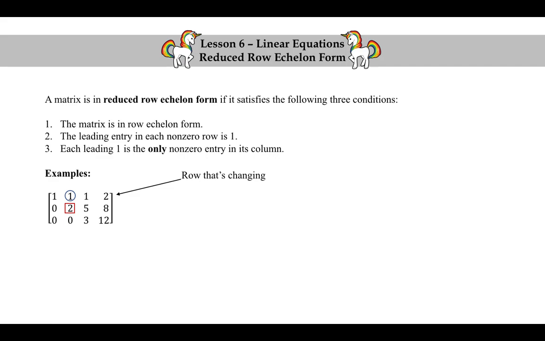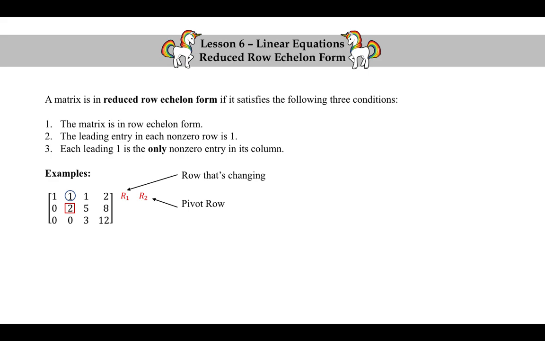The first row is the row that we're going to be changing, and the second row is called the pivot row because it's the row that has the pivot of 2. The pivot row never changes. We're going to write down the row that's changing followed by the pivot row. We always write the row that's changing first, that's row 1 in this case, and the pivot row second, that's row 2.